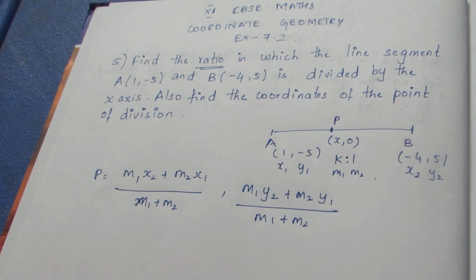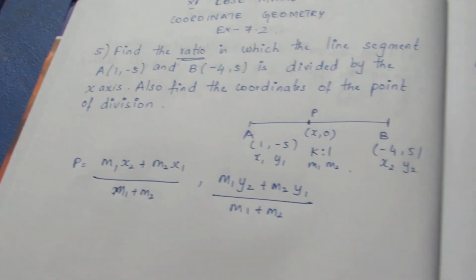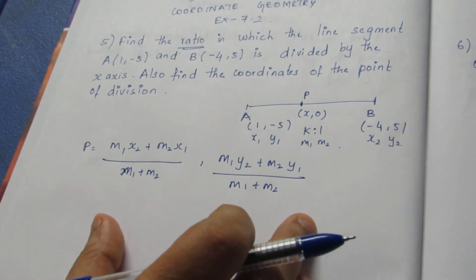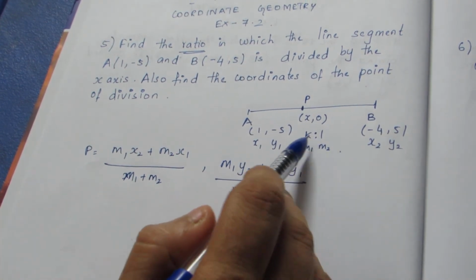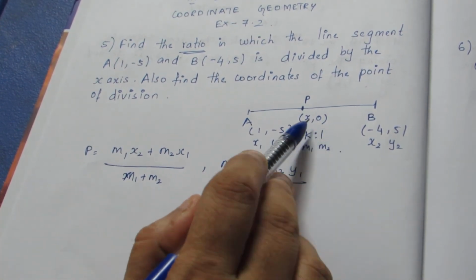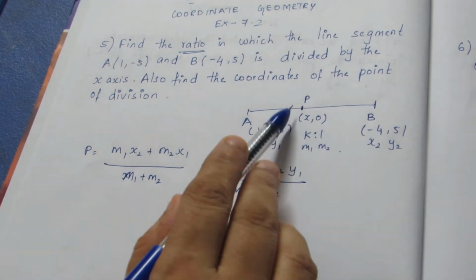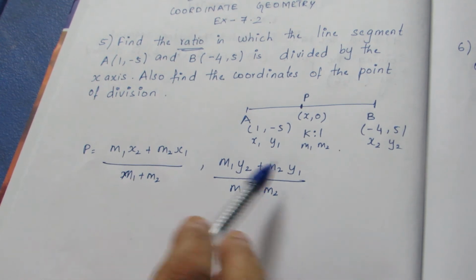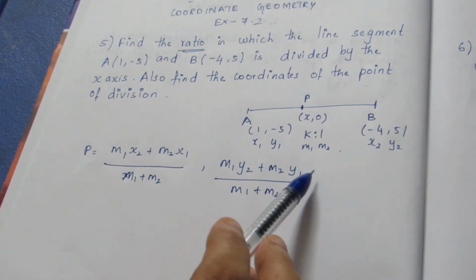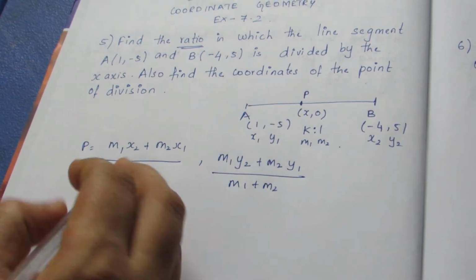So coordinates of P, that is (x, 0). Now let us substitute the values. We take m1, m2 to be k and 1, that is equal to P, which we know to be (x, 0). So we can directly substitute the value of P as (x, 0).